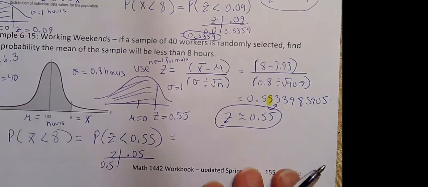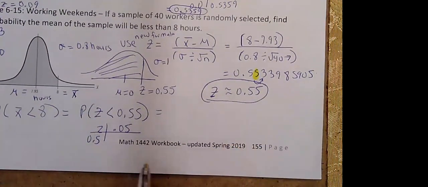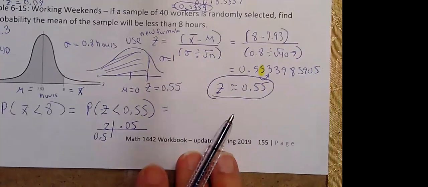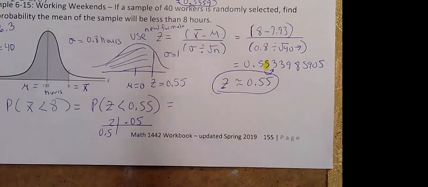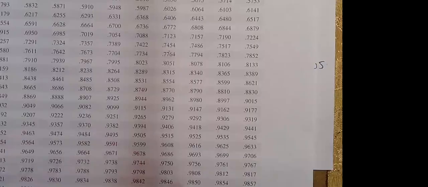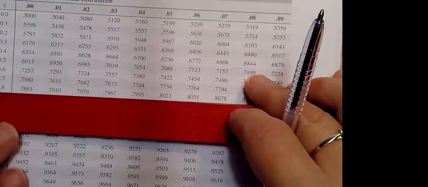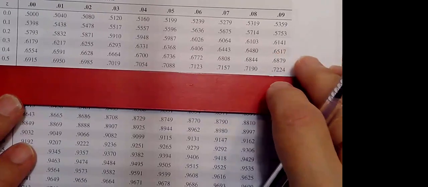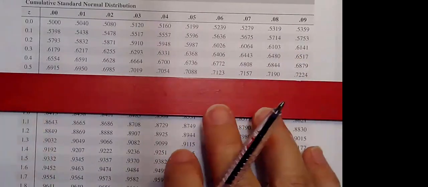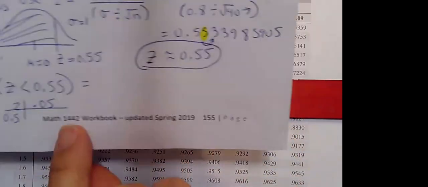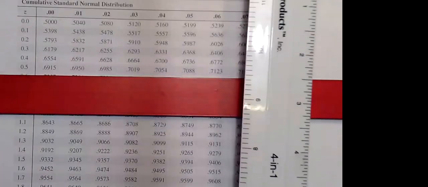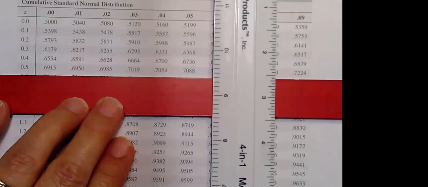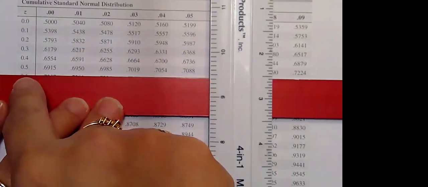I'm going to finish this. I'm looking at the table on the positive side, 0.5, and then I went 0.05.